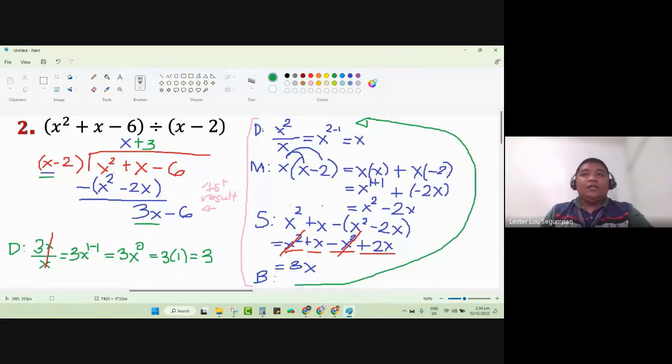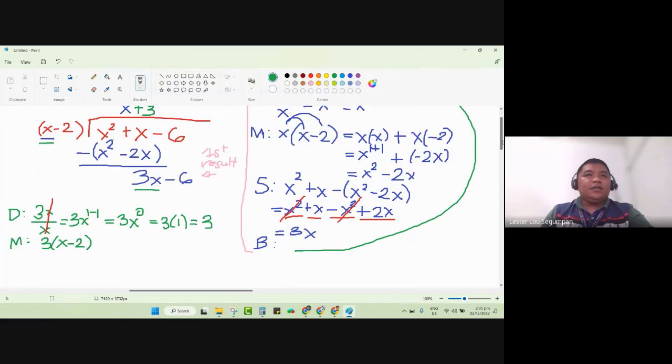is 0. So the second step is the multiplication of your second quotient with your divisor, x minus 2, just like that. If you have this, you then try to distribute that to these portions.